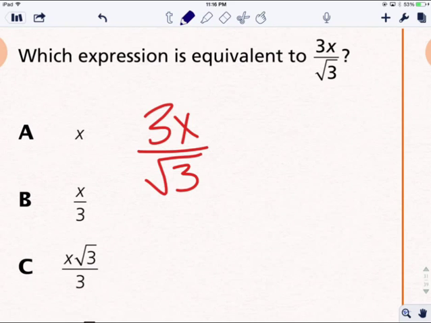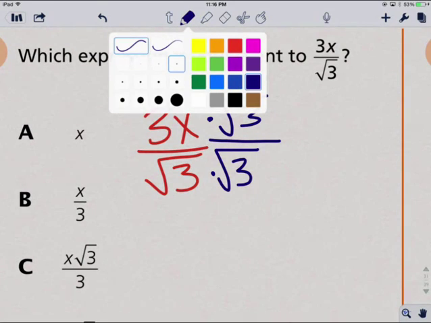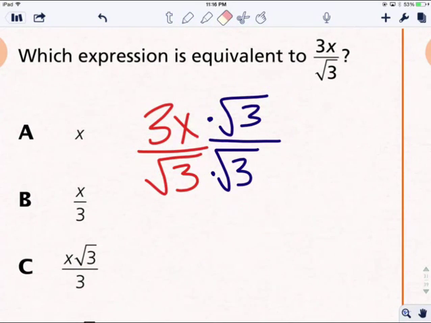Now the method that we use to remove that radical from the bottom and put the radical on the top, where for some reason it's okay to be, is to multiply the top and bottom of this fraction by the radical that's in the bottom. So if we multiply the bottom by square root of 3 and the top by the square root of 3, and we separate the two with a fraction, right, because this whole expression here is just equal to 1, and we're multiplying by 1, which is okay, right?